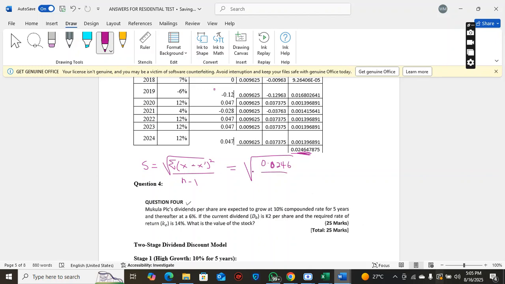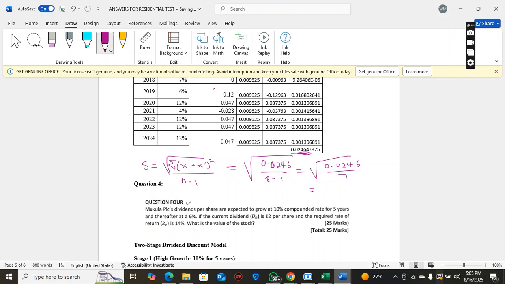Since there are 8 years in total, n minus 1 is 8 minus 1, divided by 7.